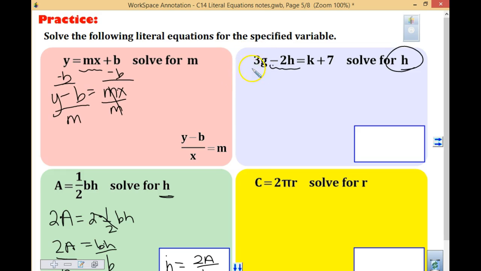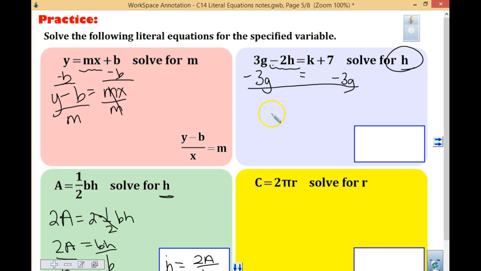Not divide, but I want it to be 0g. So I have 3g minus 2h, and I want this to be a 0 here. I'm going to minus 3g, and there's no g's back here, so I'm going to put it way back here, minus 3g behind that equal sign.